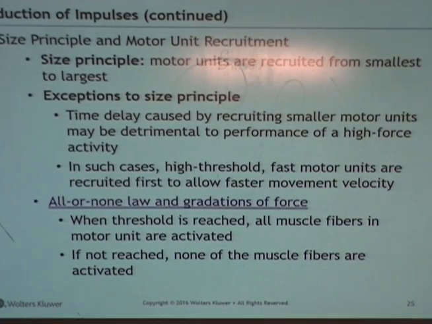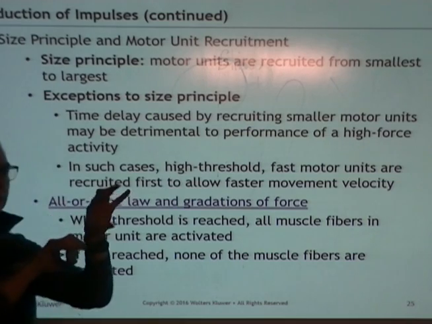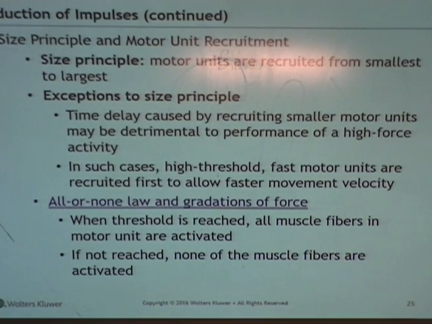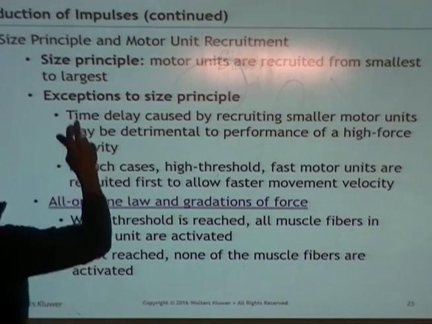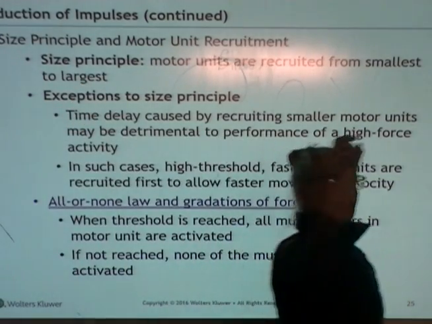So, the next piece of the pie, when we're looking at how the brain coordinates your movement and how it sends signals to which muscle fibers, is something that we call the size principle. The size means the size of the neuron.